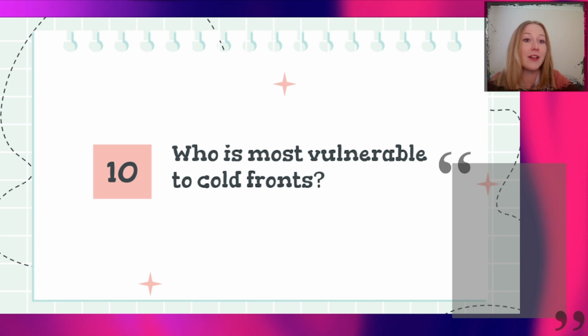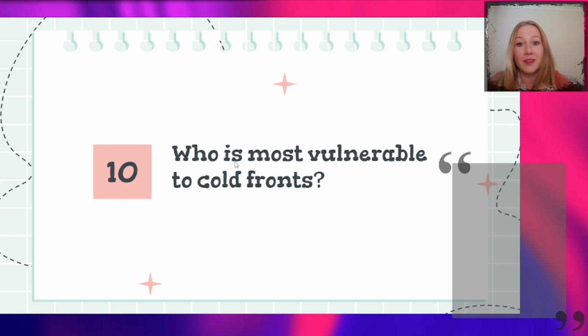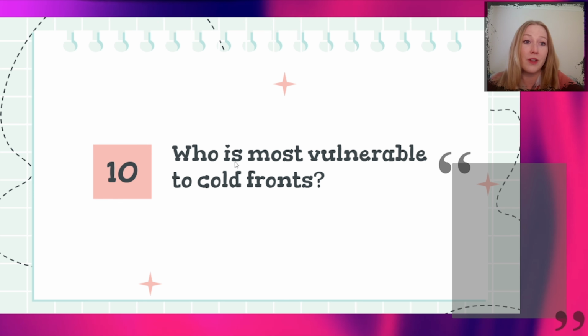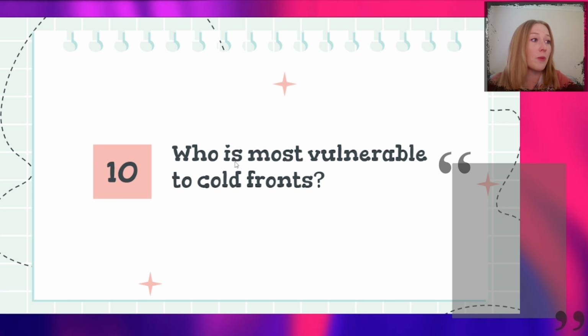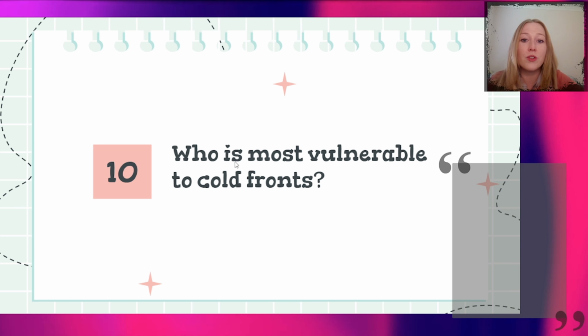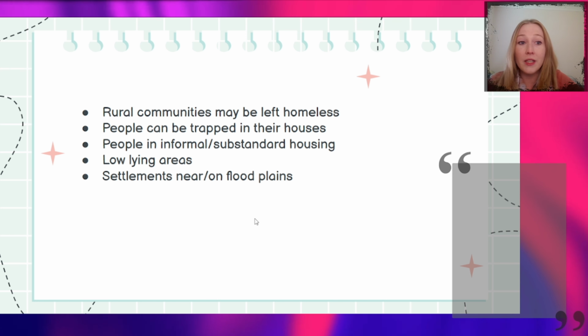Okay, so we have taken a look at the economic impacts of these cold fronts, but they are not the only ones that are impacted. People are also very much impacted by the cold fronts, and they have asked about the most vulnerable people in these situations. Those would usually be any people who are living in informal settlements or rural areas.